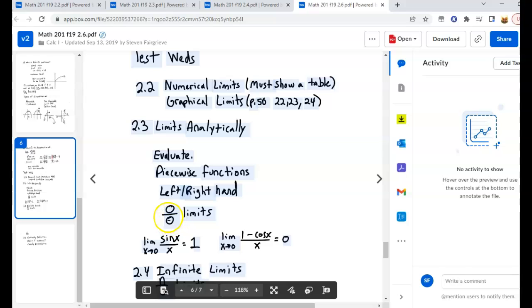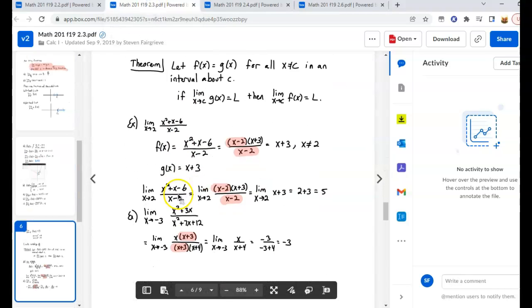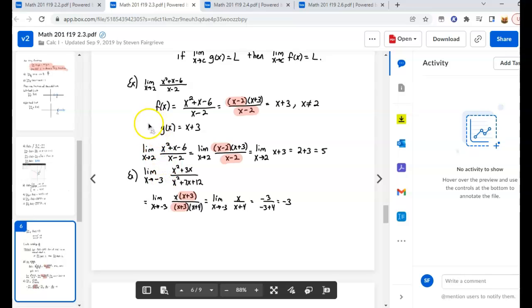And then one of the big things out of 2.3 is we talked about 0 over 0 limits. So if you go down, I would expect to see a problem where you're dealing with a rational function, like these examples here that we did.